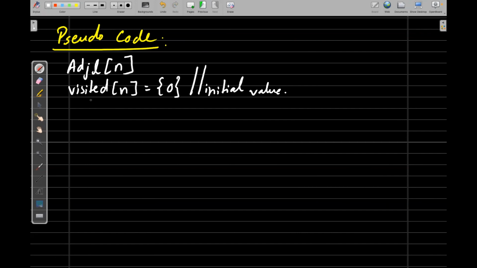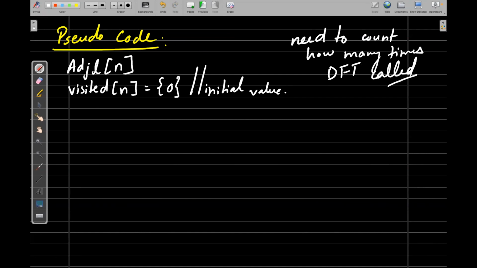And now you need to count how many times DFT is called. For that, put a counter variable, count, and the initial value should be 0.